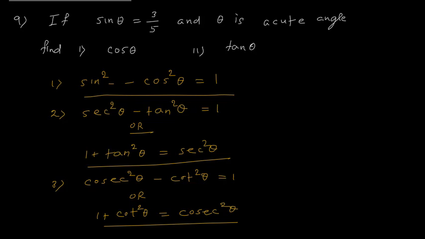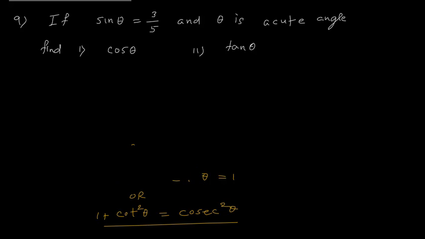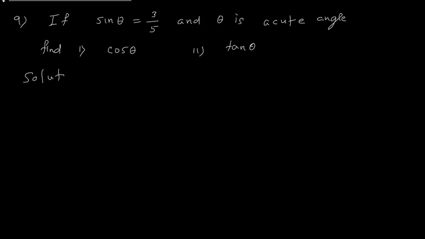So first identity is sin square theta plus cos square theta is equal to 1. That identity we are going to use in this first question because here sin theta is given. So in solution we will write sin theta is equal to 3 upon 5.